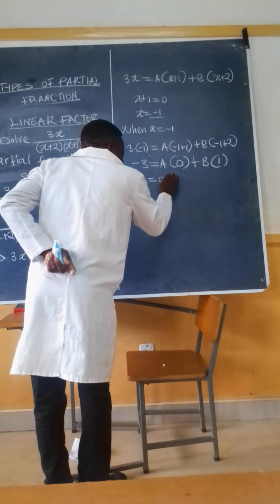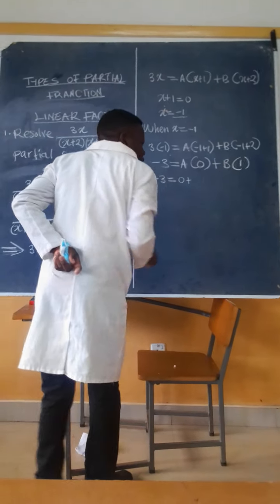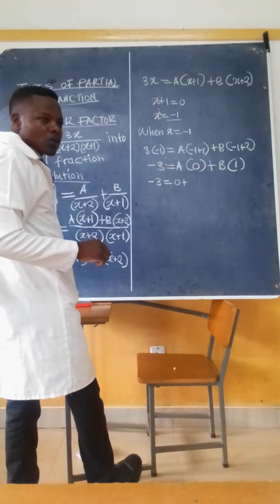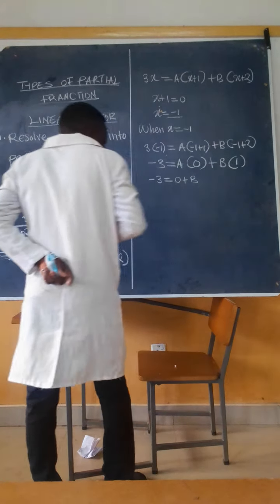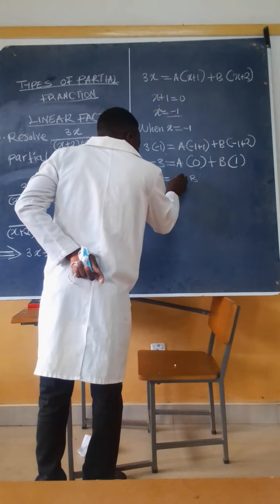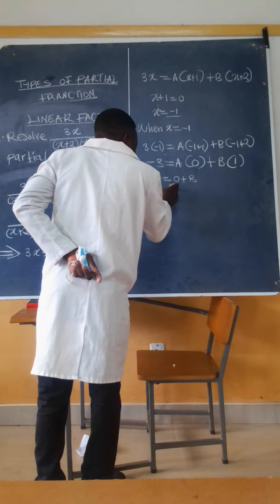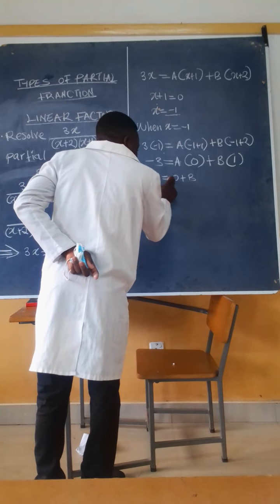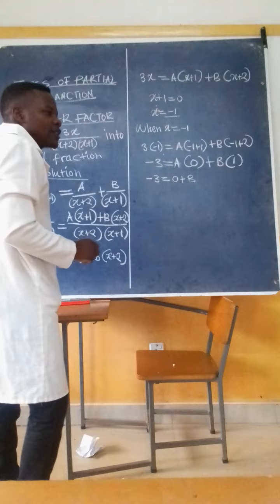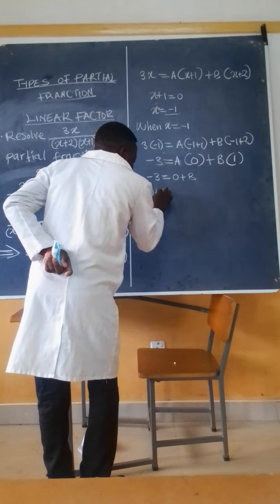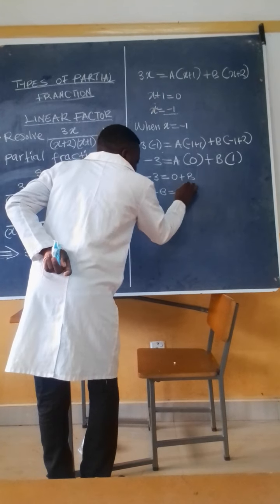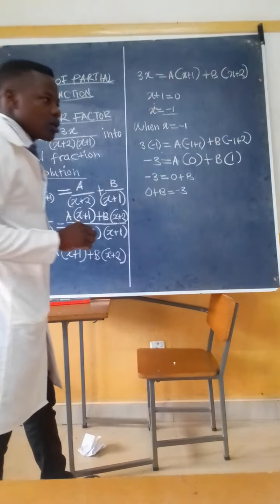0 plus b times 1. The answer is b. So negative 3 is equal to 0 plus b, which is the same as writing 0 plus b is equal to negative 3.